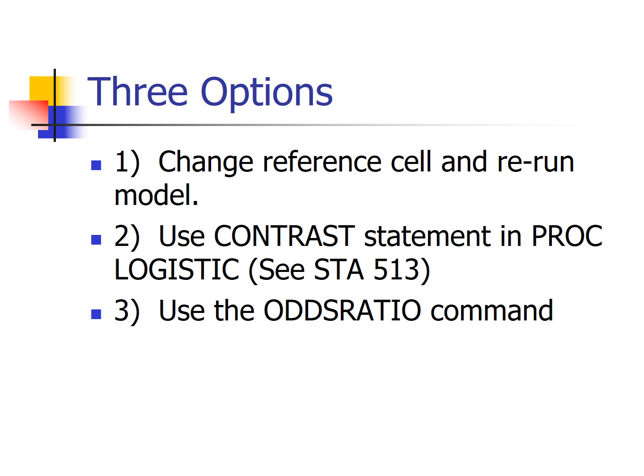I believe you talk about the contrast statement in a fair amount of depth in Stat 513, so I'm not going to get into it other than just to say that it is an option. And then perhaps the easiest of them all is there's an odds ratio keyword inside Proc Logistic that will just compute all possible odds ratios.